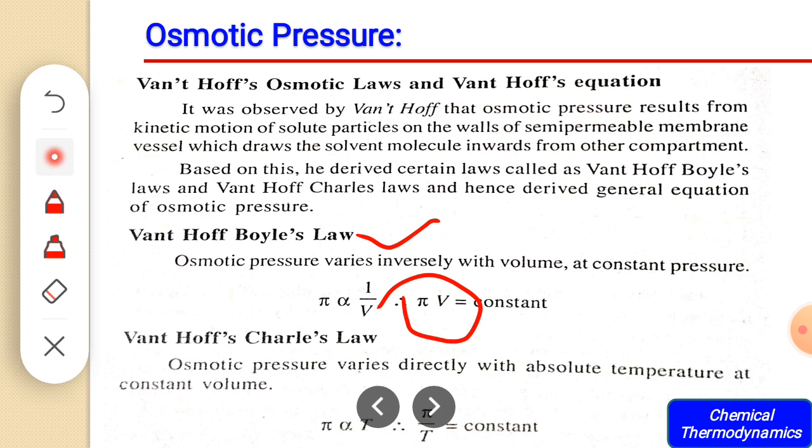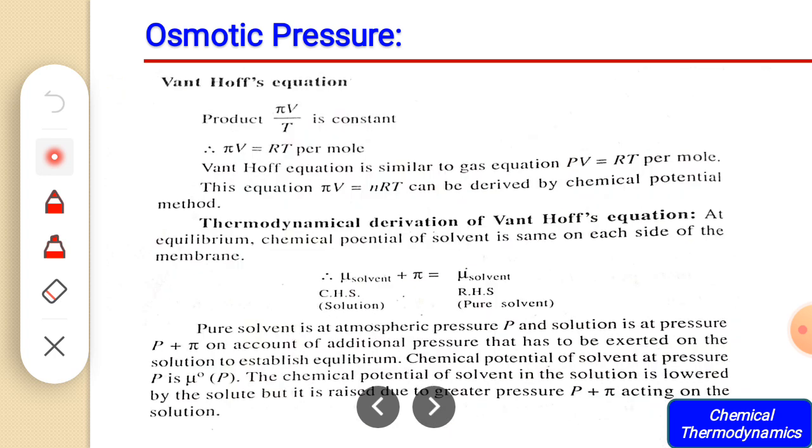If we combine both the Van't Hoff-Boyle's law and the Van't Hoff-Charles law, we get pi V upon T is equal to constant, and that constant is nothing but R. Therefore pi V is equal to RT for 1 mole of the substance, and for n moles, the equation is modified as pi V is equal to nRT.